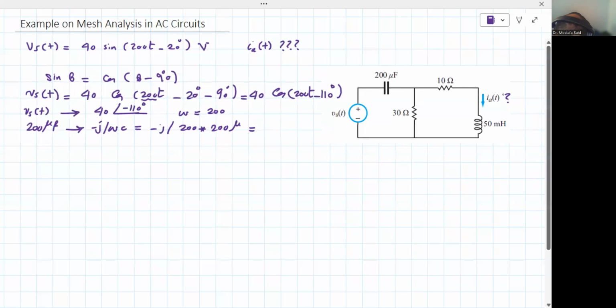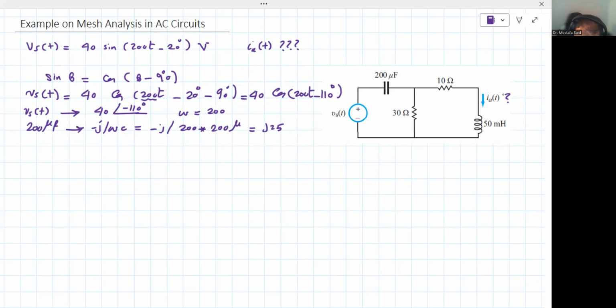If we calculate that, it will be minus j25, since 10,000 divided by 4 is basically 25.